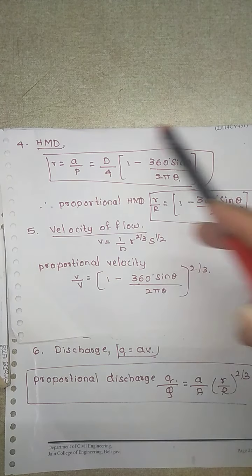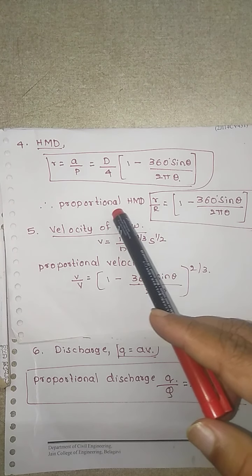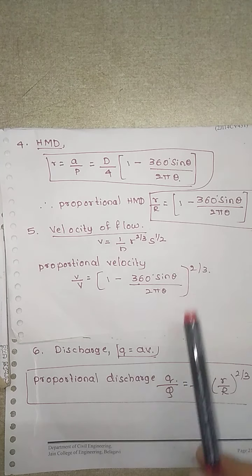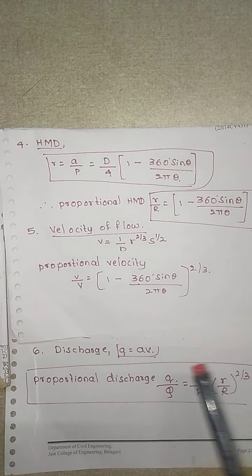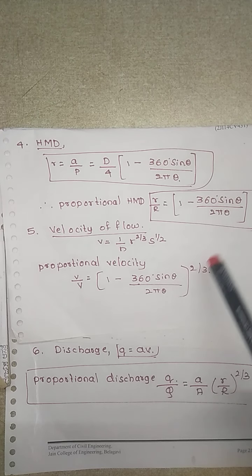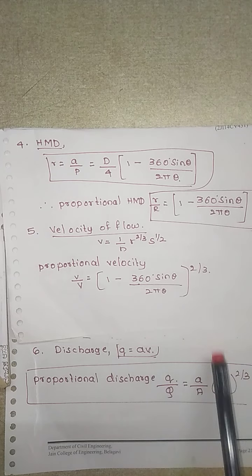It is calculated by this for the partial full condition. Then the proportional hydraulic mean depth, when running partially full to the full condition, uses the formula 1 minus 360 into sin theta divided by 2 pi theta.